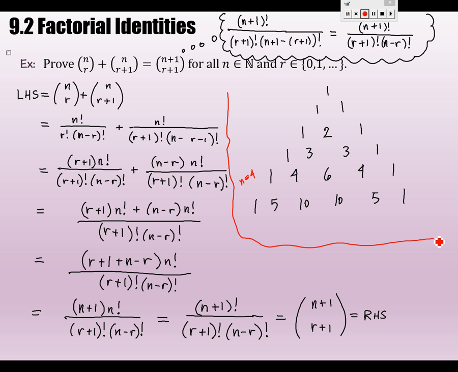We said 4 choose, say we pick element 3, 0, 1, 2, 3, plus n choose r plus 1, that is 4 choose the next thing, should equal n plus 1, that is row 5, 5 choose 4. And isn't that the defining property you learned when you first learned about Pascal's triangle? This thing plus the thing next to it equals the thing below it.